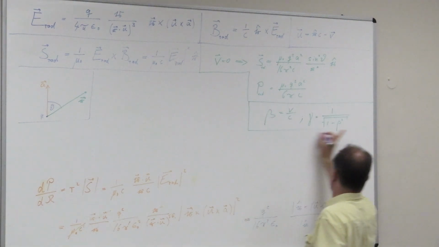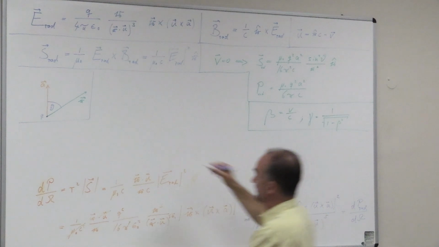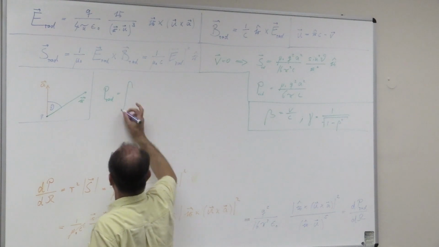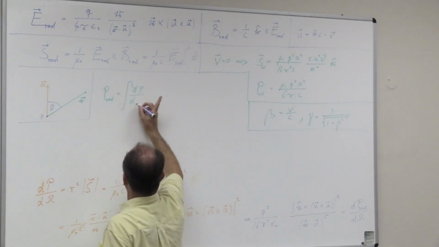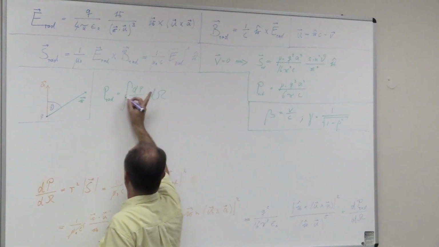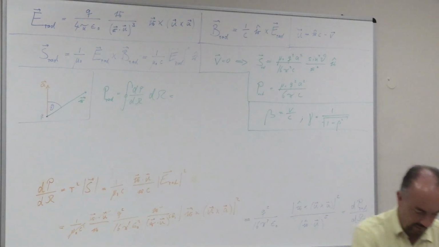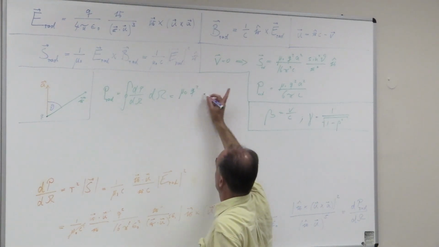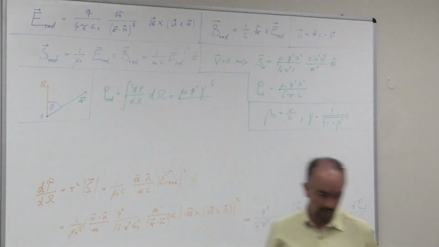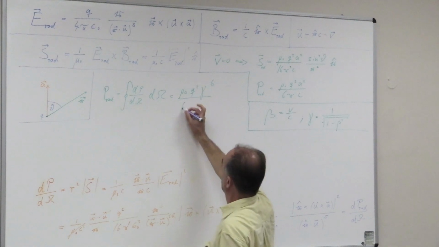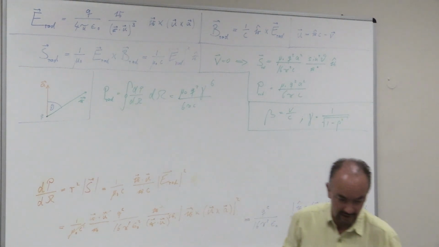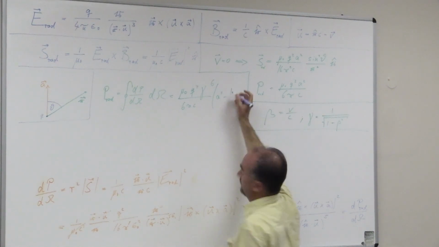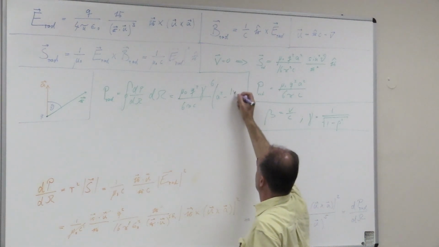So with that, the total radiative output, so the total P radiative, being P over omega integrated over all omega, we can write as mu naught q squared gamma to the 6th power over 6 pi c, and then a squared minus v cross a squared over c squared, right?